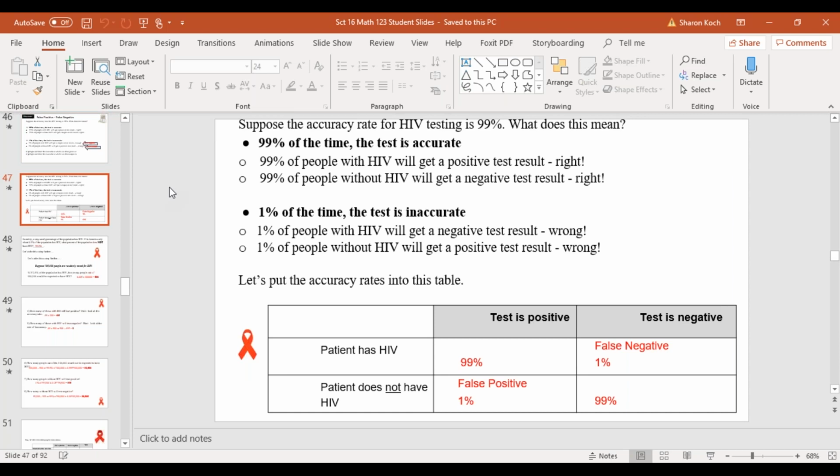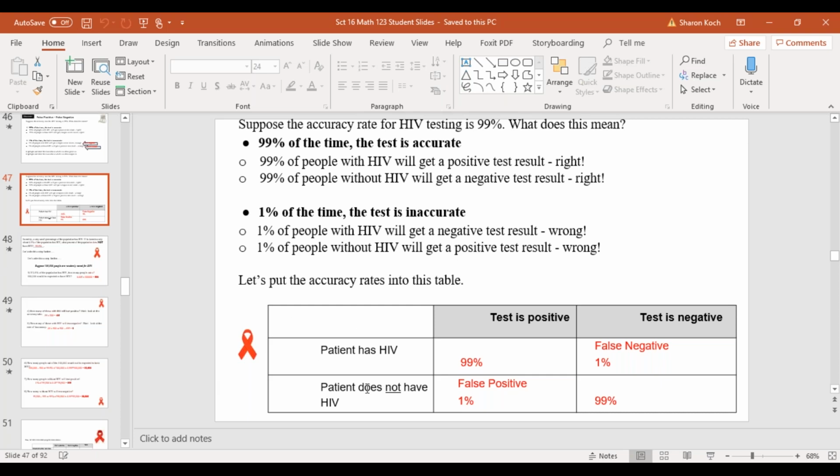All right, so let's take a look at how we are going to create a probability table. We're saying the test is accurate 99% of the time. So when we look at it in the form of a table, what does that mean? When we write the table, what are the two choices?